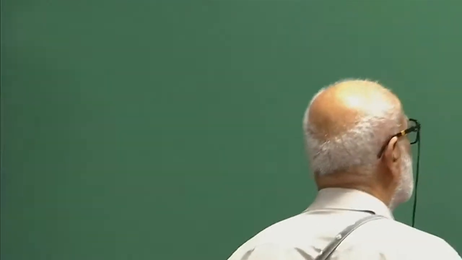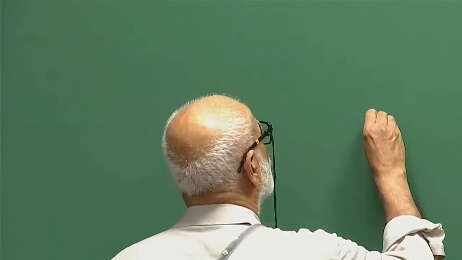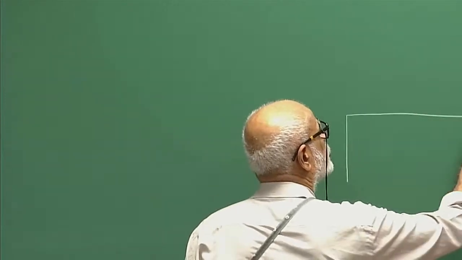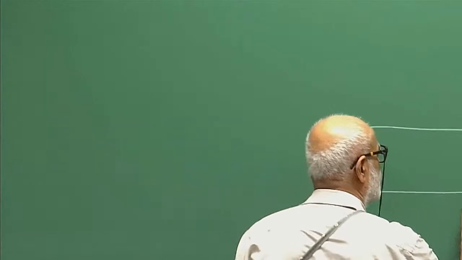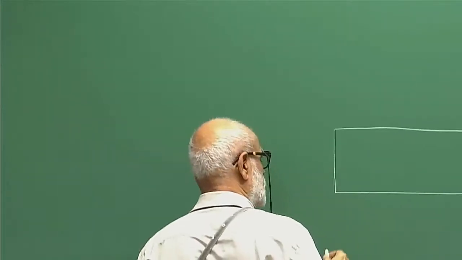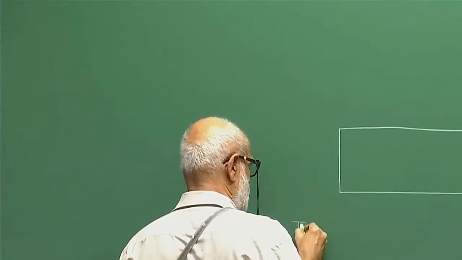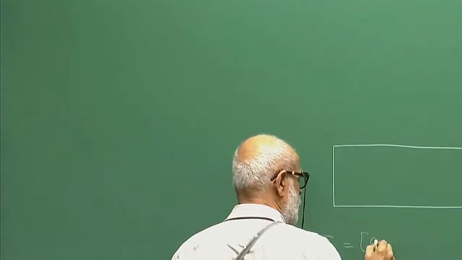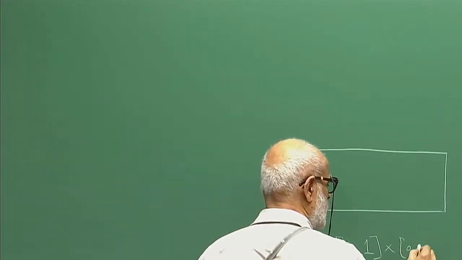So to begin with, recall that in the quotient space constructions we have defined that a Mobius band can be obtained by taking a rectangular piece of paper. So this actually represents the interval [0,1] cross the interval [0,1], right?